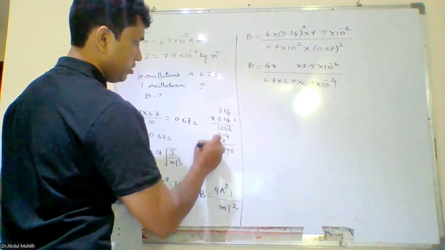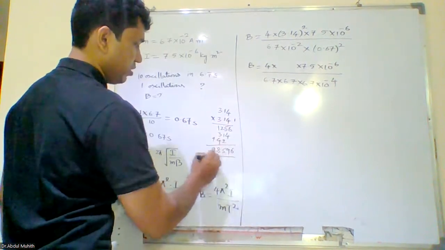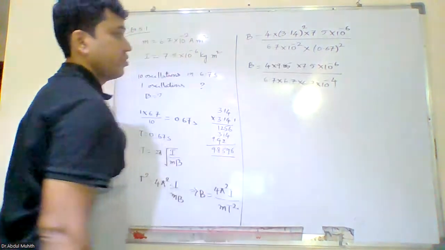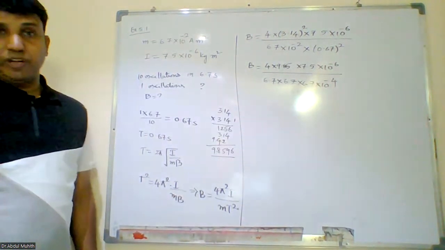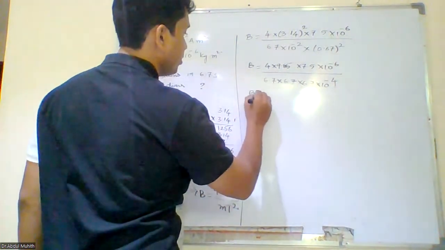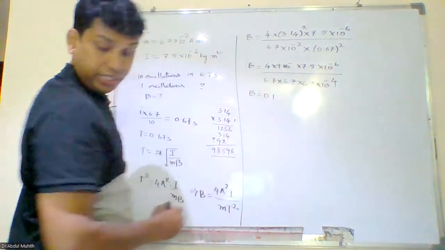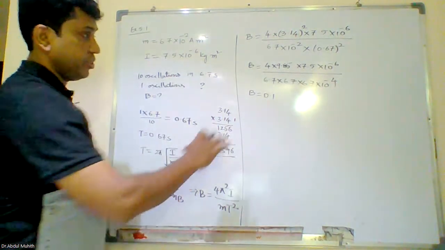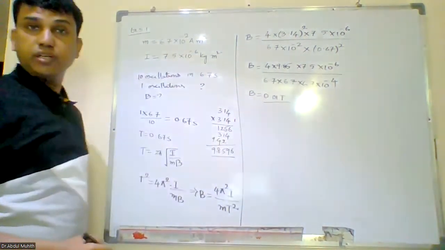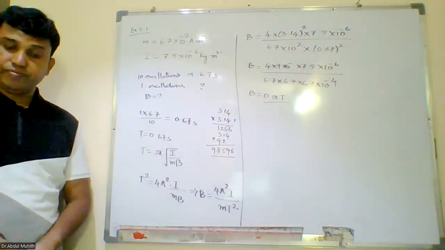It will become 9.85. That is the way we multiply. Then simplify it and you will get the answer. So the answer is B is equal to 0.01 Tesla. Yeah? This is the one.